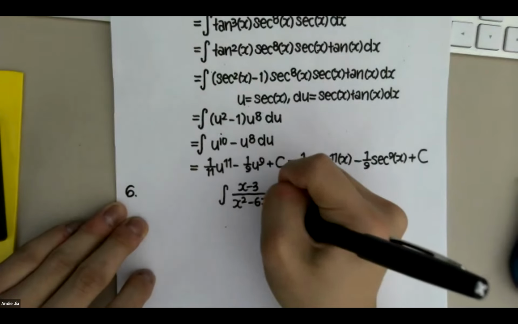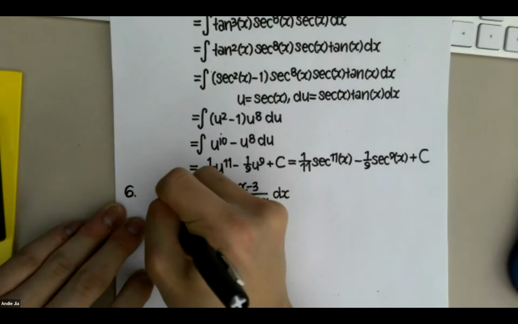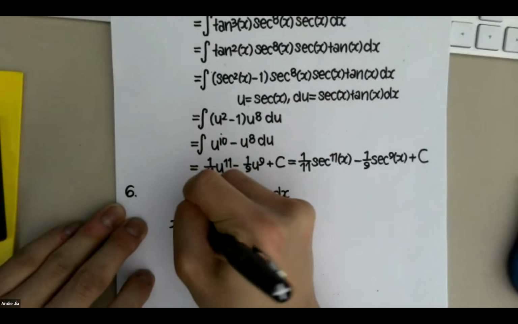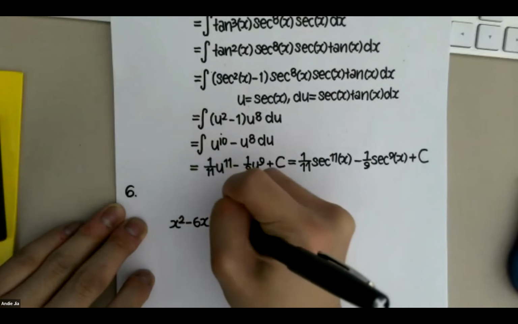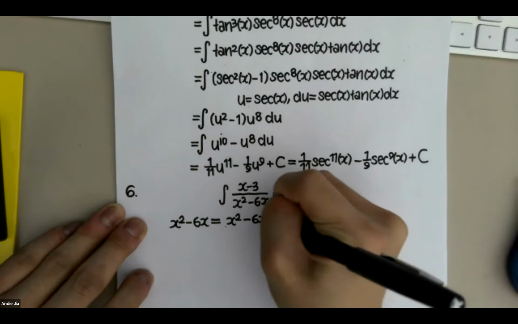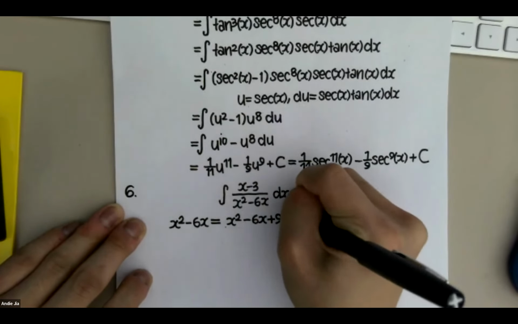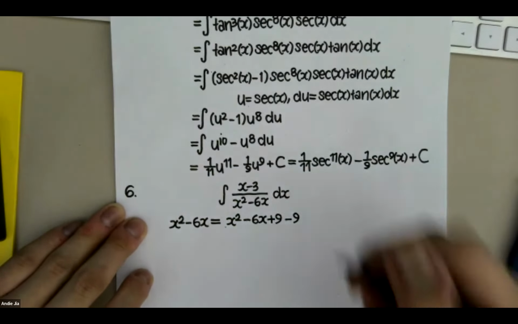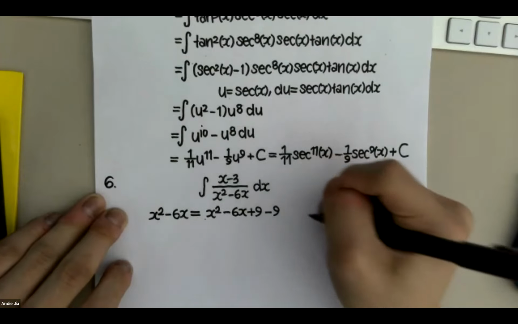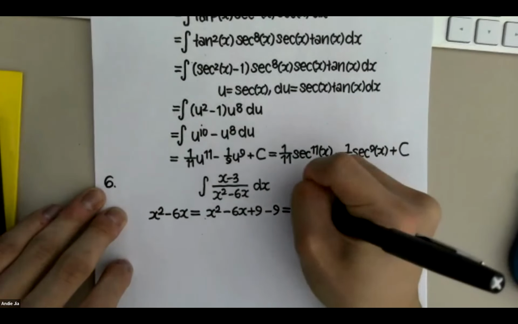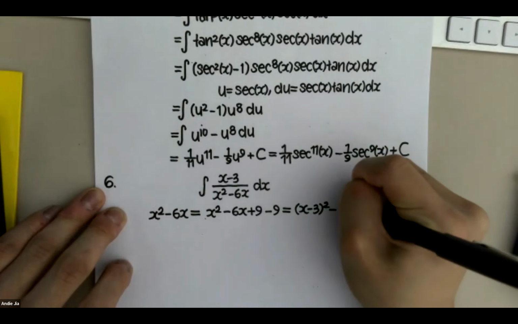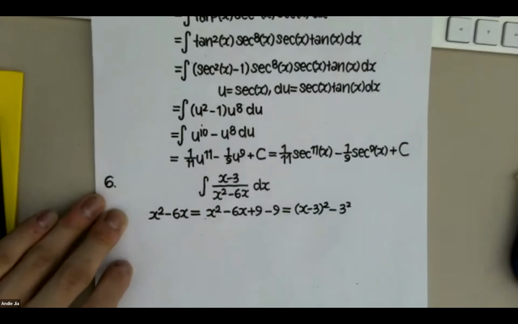So this is the very tricky part. x squared minus 6x is going to be x squared minus 6x plus 9 minus 9, and then it's going to be x minus 3 squared minus 3 squared.